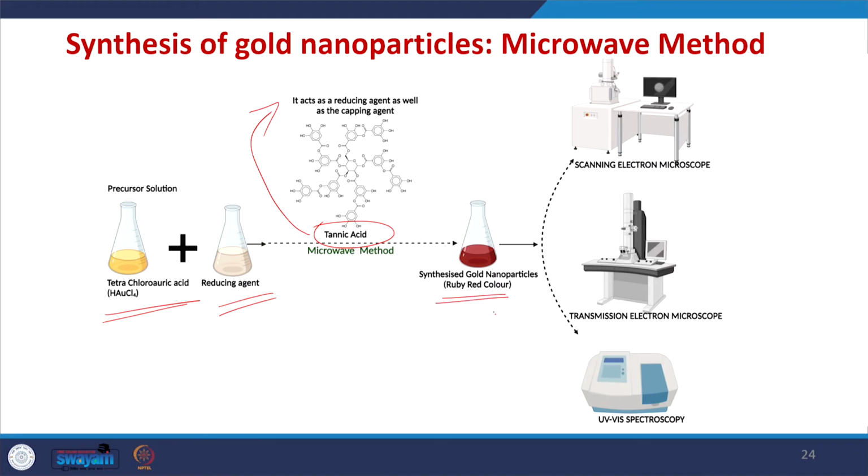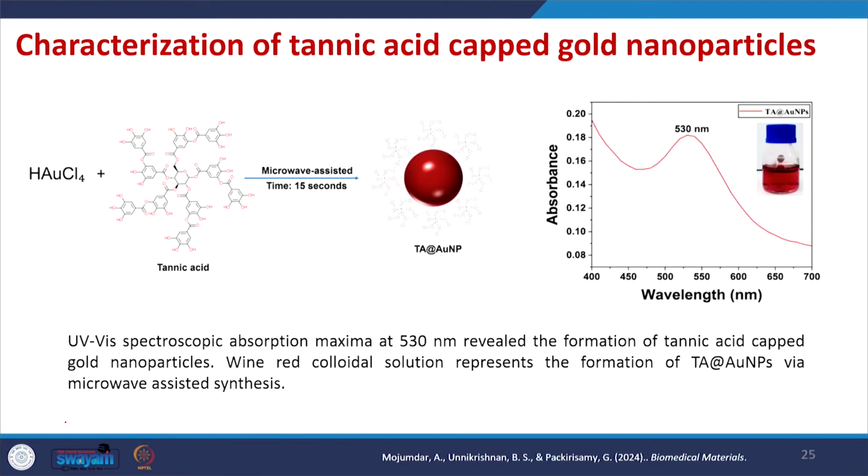Then we can characterize these gold nanoparticles by UV visible spectrophotometer and also by electron microscopes such as scanning electron microscope and transmission electron microscope. Let us see how to characterize the tannic acid capped gold nanoparticle. To synthesize the tannic acid capped gold nanoparticle, we have to use the metal precursor and tannic acid, which acts as a reducing agent and also as a stabilizing agent.